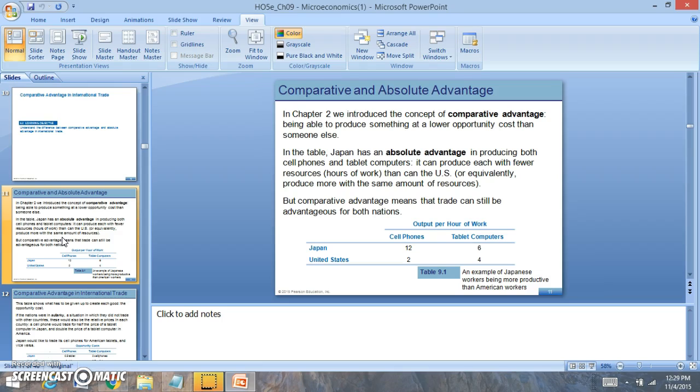Countries are facing a lot of challenges when they're producing. And when we look at absolute advantage, you notice that just because you're a larger country doesn't mean that you have the advantage in producing more. When you look at comparative advantage, that's focusing on who can produce at a lower opportunity cost, who gives up less. When we look at trading, trading's based off comparative advantage, not absolute advantage. So these are some of the concepts that we're going to be focusing on.